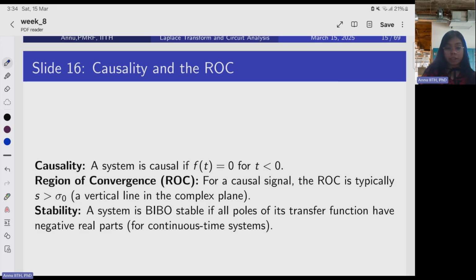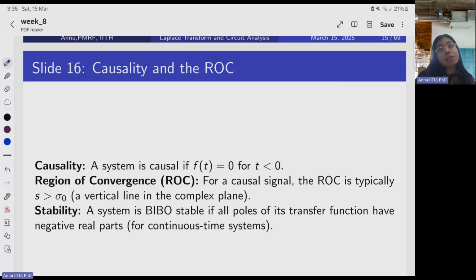The region of convergence for a causal signal, the ROC, is typically a vertical line in the complex plane, and it should be on the right side of the rightmost pole. For stability, all the poles of the transfer function must have negative real part for continuous time.